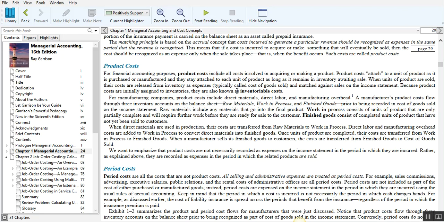would be inventoriable cost. When we talk about period costs, we're talking about something that's not necessarily a part of the product. By the way, product costs in a manufacturing environment are going to flow through 3 inventory accounts. When we're manufacturing, we have raw materials.